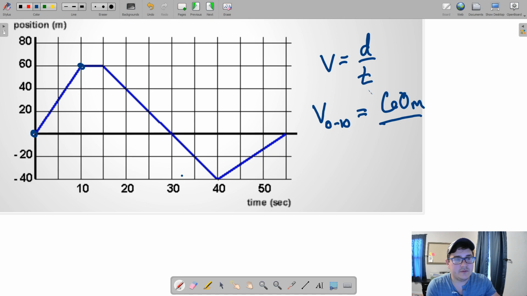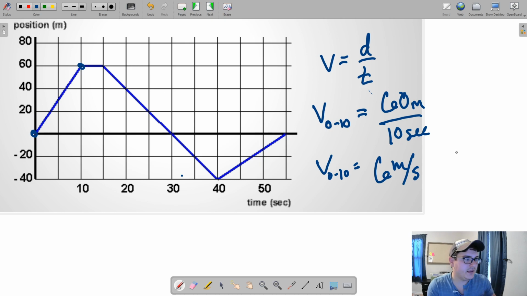The time interval from 0 to 10 was, of course, 10 seconds. And so we can collectively say that the velocity from the 0 to the 10 second time was 6 meters per second, which is 60 divided by 10, and there we go. Okay, so let's write this over here. This is positive 6 meters per second.